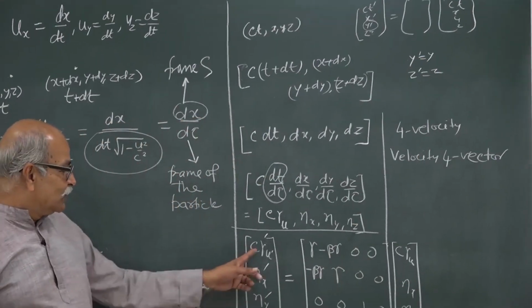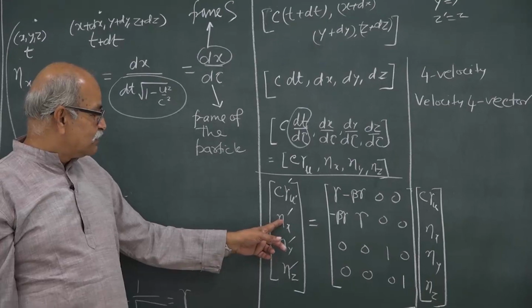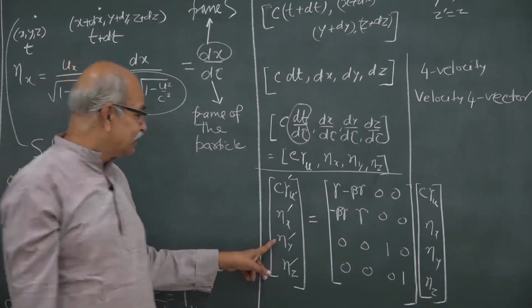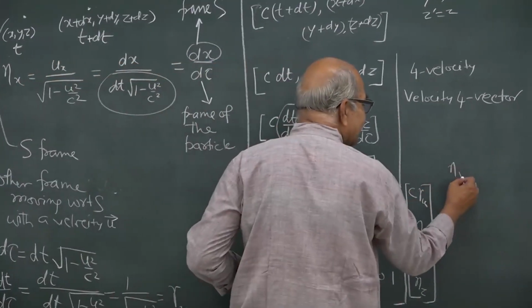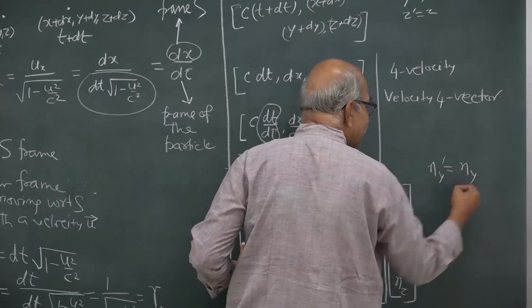Same story: 0th component, first component, second component, third component. So, eta y prime will be equal to eta y.